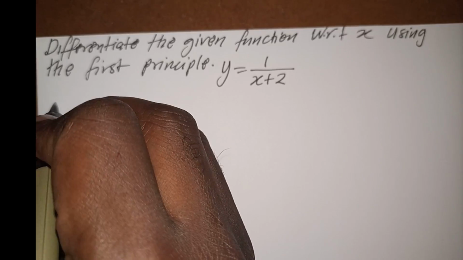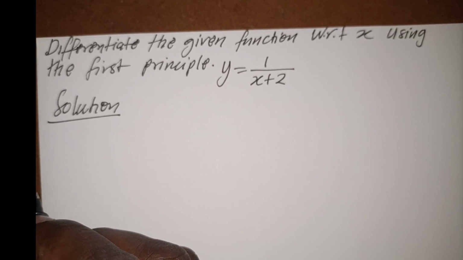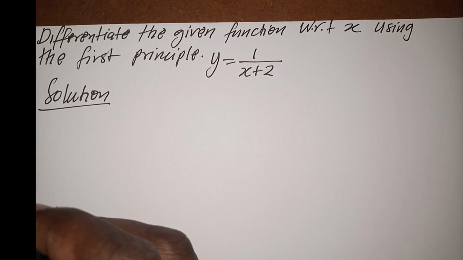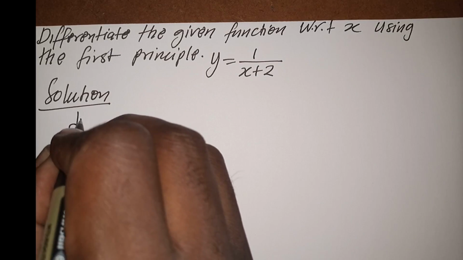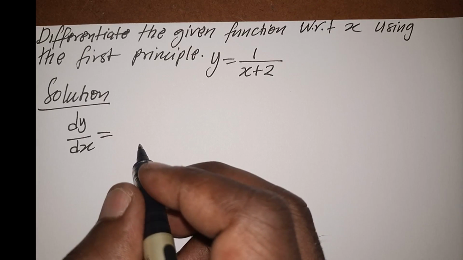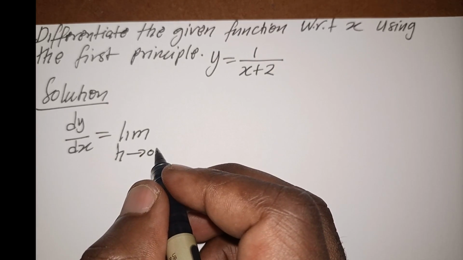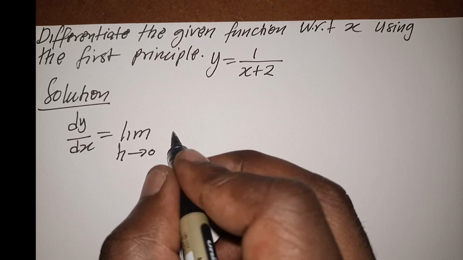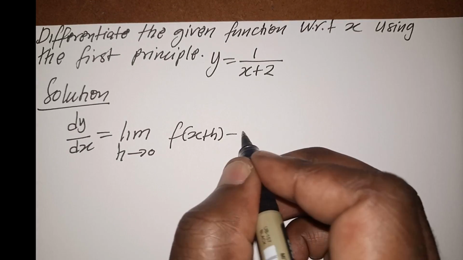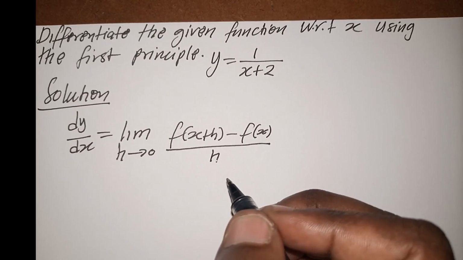First you write your solution, and then the first principle of differentiation is defined by dy dx equals the limit as h, which is the difference between the x values, approaches 0. We find the difference f of x plus h minus f of x, then everything over h.